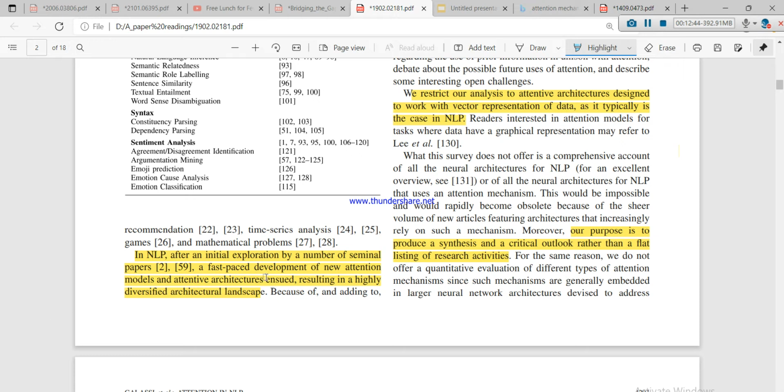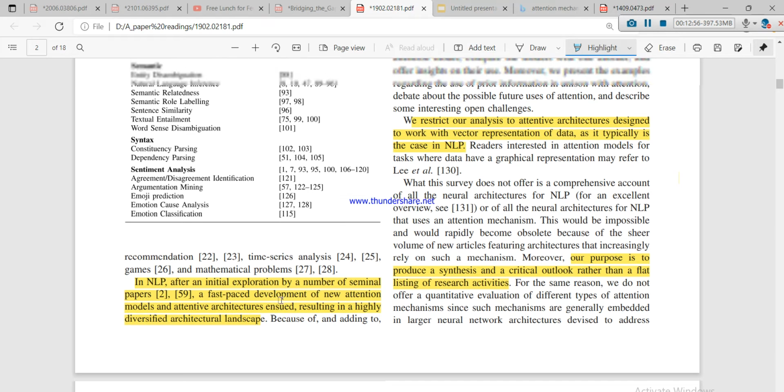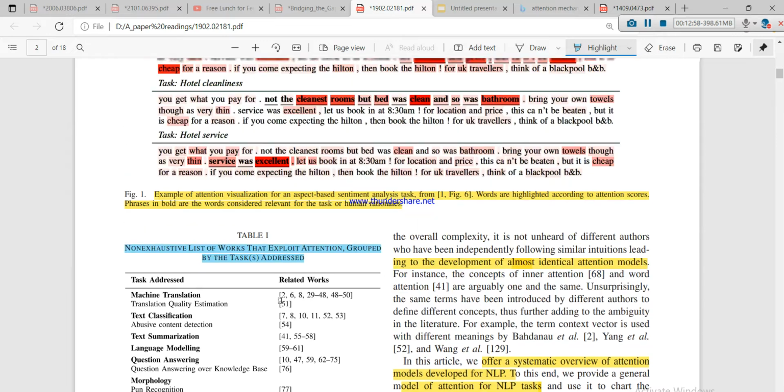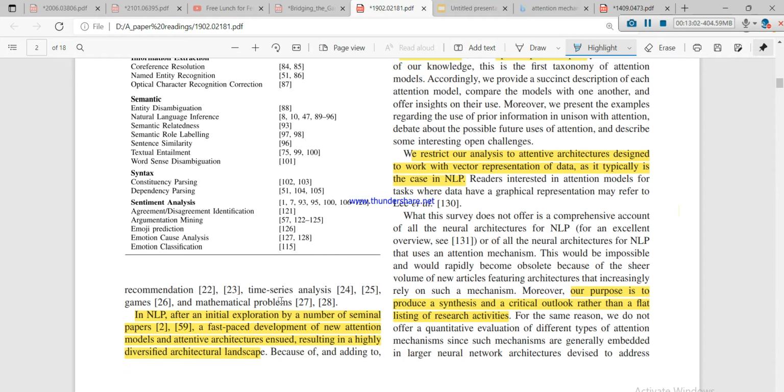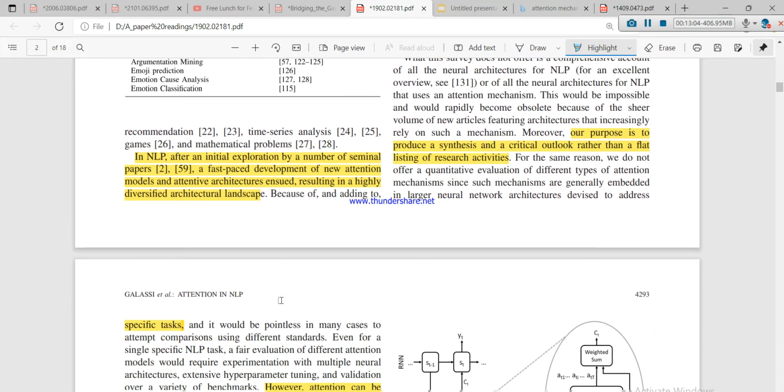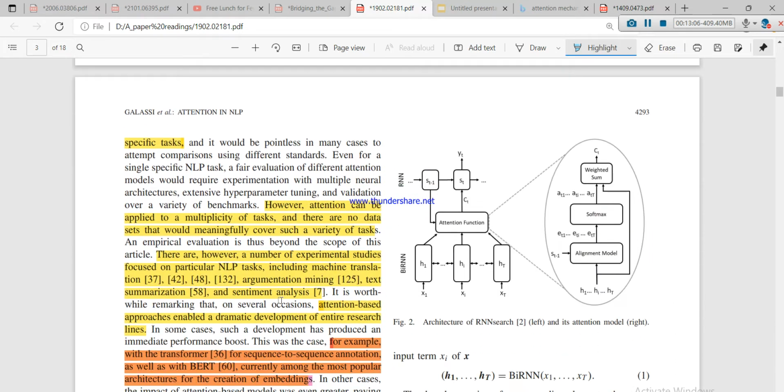In NLP, after an initial exploration by a number of seminal papers, a fast-paced development of new attention models and attentive architectures ensued, resulting in a highly diversified landscape. Okay, so this is about the importance of attention and how all these things are working. So in the previous paper.